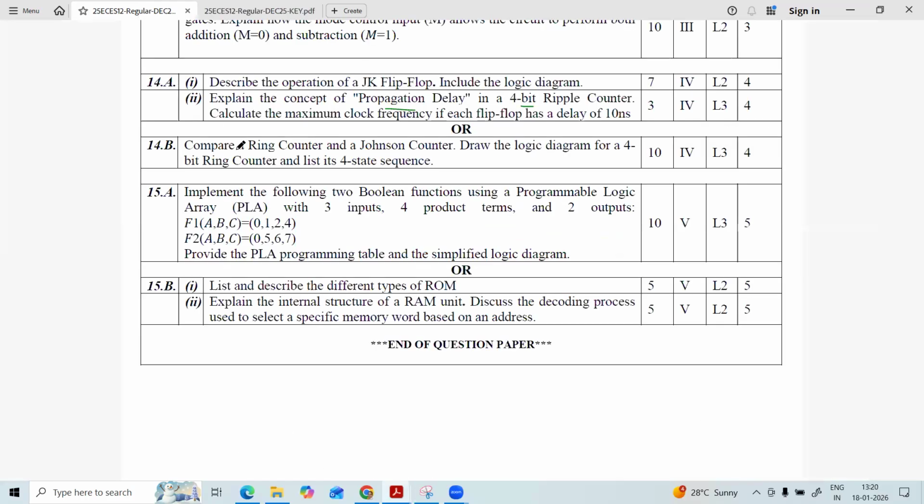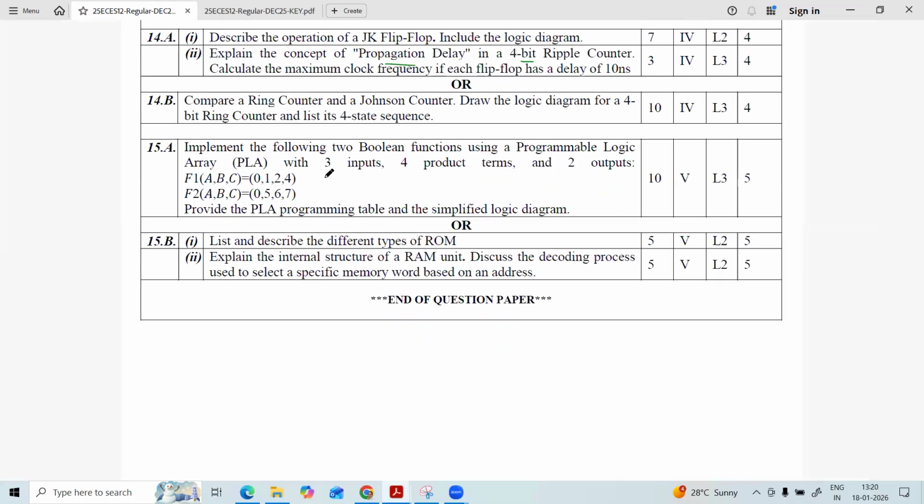So next question is: implement the following two Boolean functions using the programmable logic array with 3 inputs. It's important here: 3 inputs, 4 product terms, and 2 outputs. Here 90% of students made mistakes. First of all, programmable logic array means the AND array and OR array both are programmable.